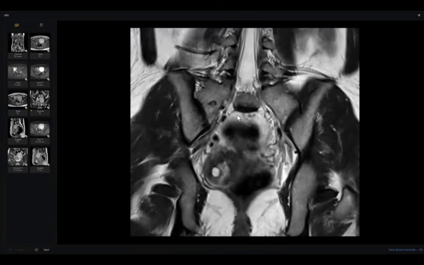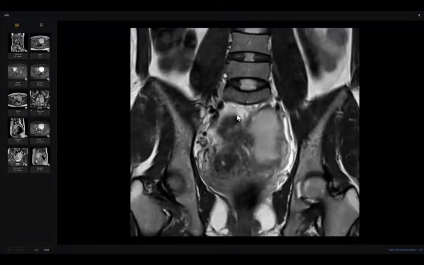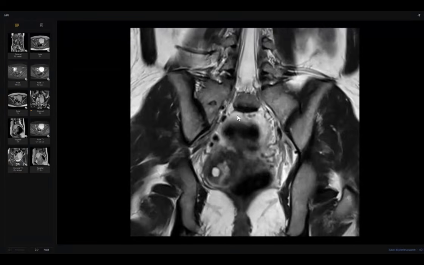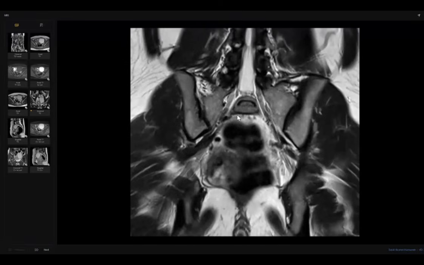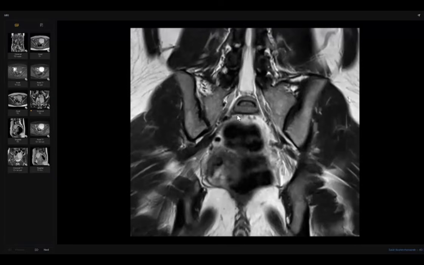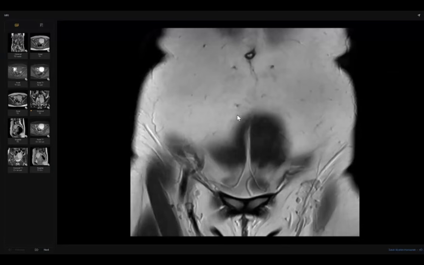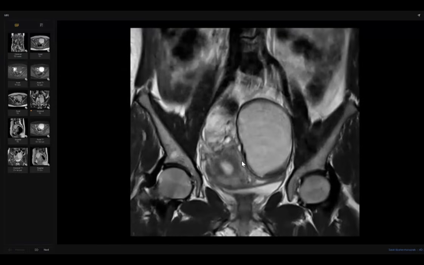The right-sided lesion seems to be ovarian with multiple small hyperintense lesions, likely hemorrhagic follicles. This can most likely be hemorrhagic follicles. However, I would like to see the images with contrast. The endometrial cavity is filled with fluid, and there is some free fluid also in the pelvis.